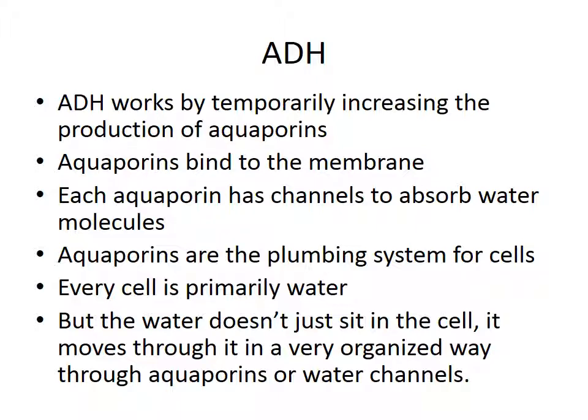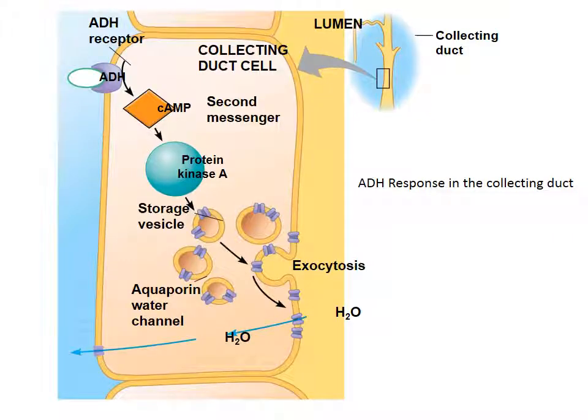Every cell is primarily water, but the water doesn't just sit in the cell. It moves through it in a very organized way through aquaporins or water channels. And here we can see that happening.